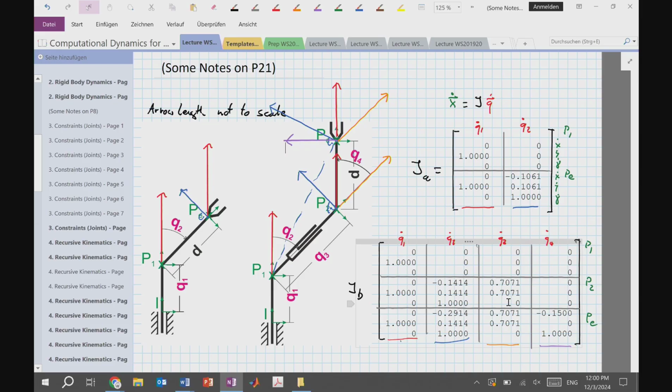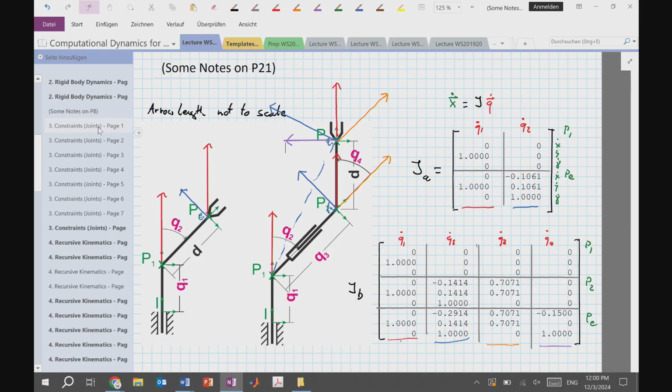And so I cannot control these 2 things independently. This is, I think, a good discussion. My main purpose for all of this is to make you think again about what a Jacobian is doing, degrees of freedom, motion spaces, because we will use these Jacobians throughout the rest of the class.